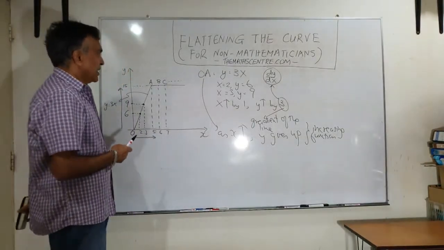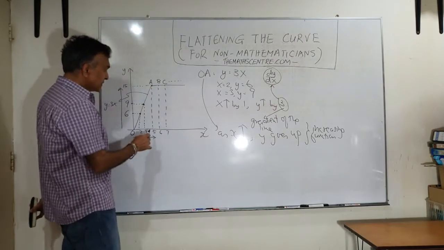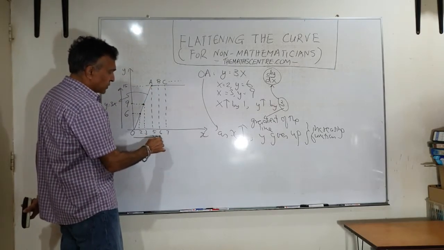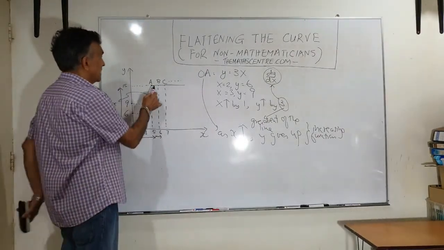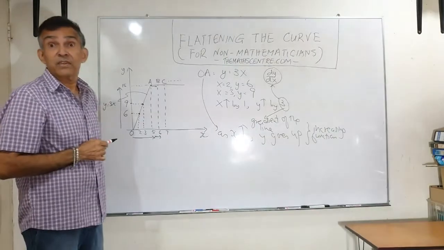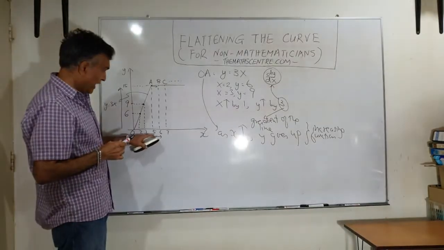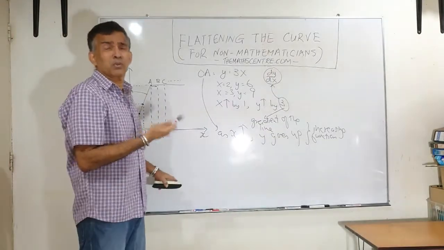Next point. What happens when you reach this point A? When you go from 5 to 6, there's no change in y. y remains at 15. Remember, from 0 to 5, when x was going up, y was going up.